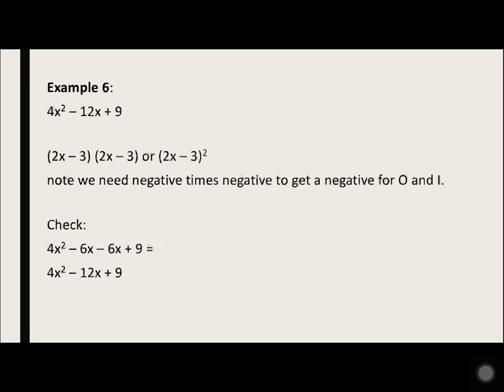Check. 2x times 2x, 4x squared. Outside, 2x times negative 3, negative 6x. Inside, negative 3 times 2x, negative 6x. Last, negative 3 times negative 3 is positive 9. So our minus 6x minus 6x adds up to negative 12x.